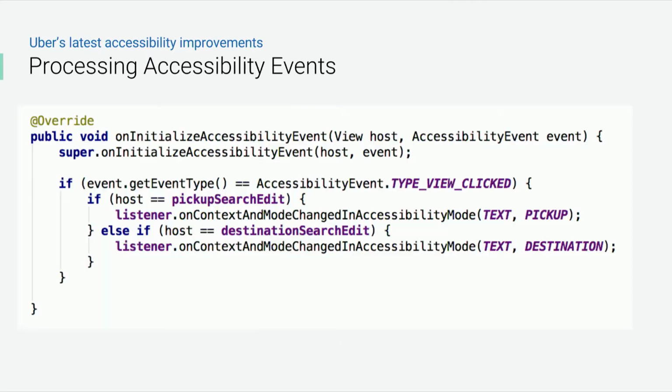Instead, we show a text mode. Basically, we wrote an accessibility delegate into the view that showed the pickup address, and we listen for a click event. In both the pickup and destination use cases, we show the text mode instead of the map mode.